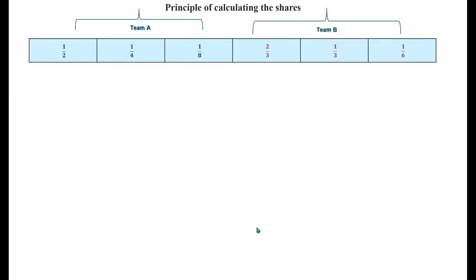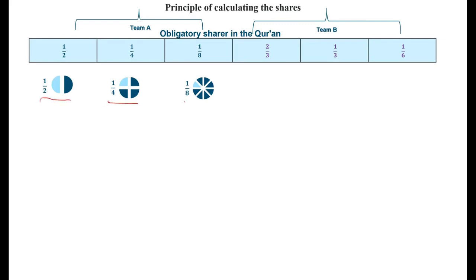We have Team A and Team B. Allah subhanahu wa ta'ala revealed obligatory shares in the Quran. The obligatory shares in the Quran are a half, a quarter, and then 1/8. He also revealed 2/3, 1/3, and 1/6.